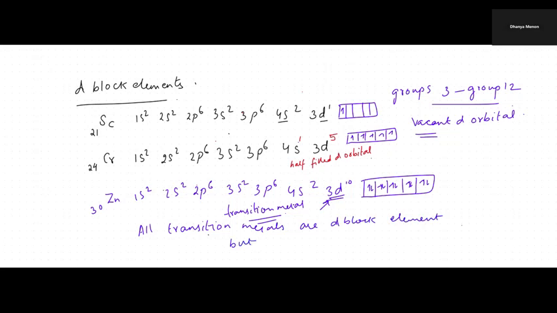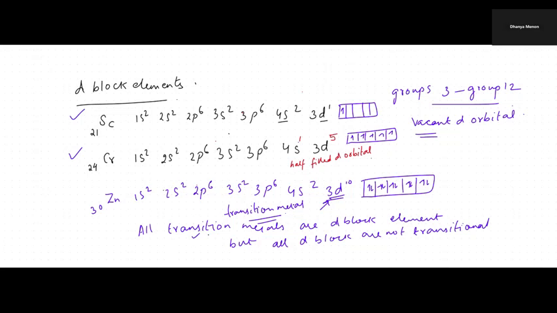Scandium and chromium are transition metals, and they are also d block elements. But for example, zinc is a d block element because the last electron is filling the d subshell, but it cannot be considered a transition metal because it doesn't have any vacant d orbital, or space for more electrons to come in.